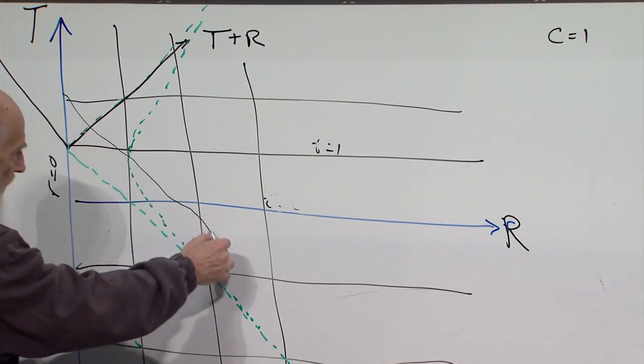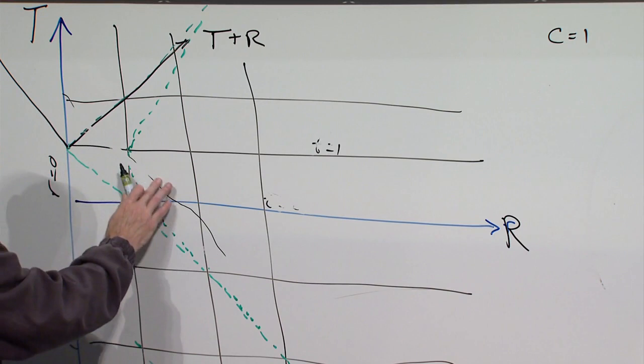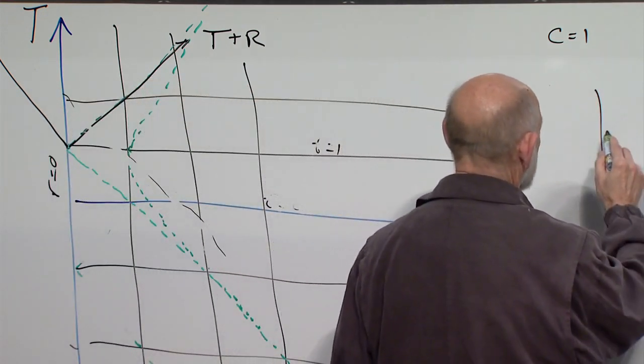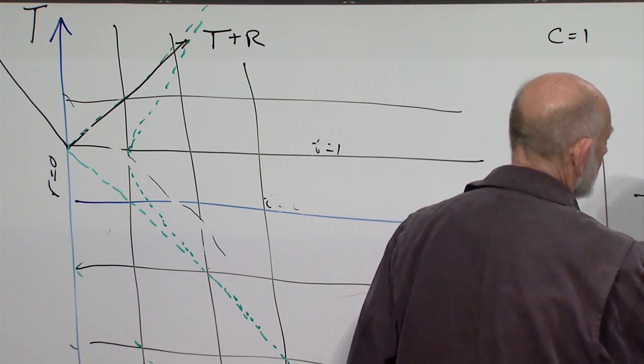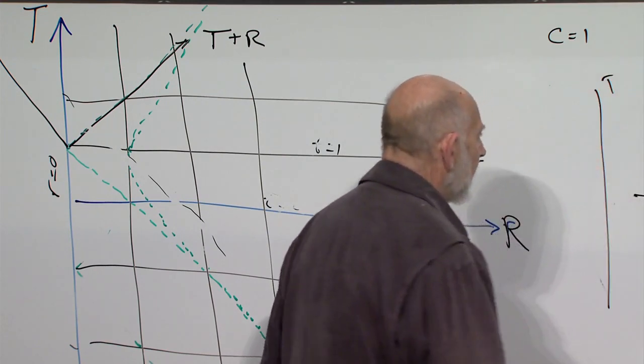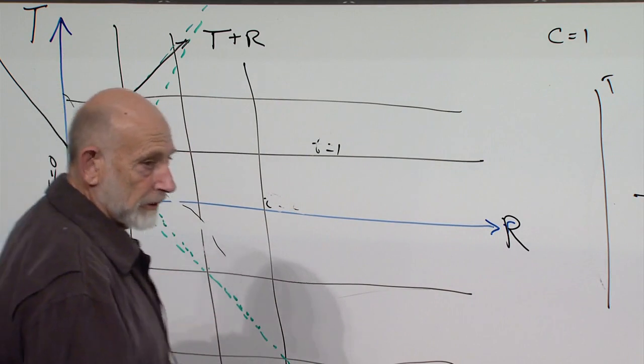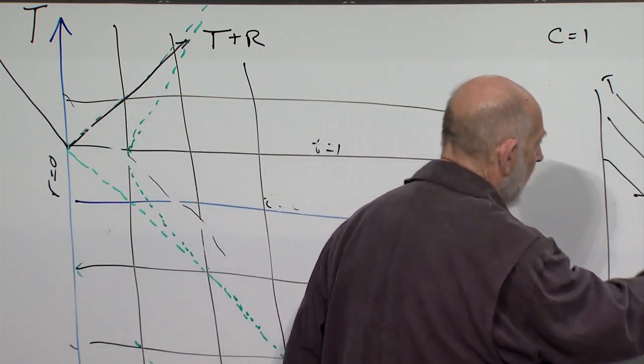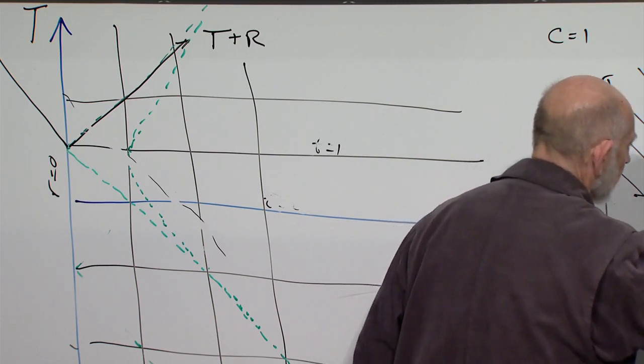Let's draw another picture over here. R, T, constant t plus r will look like this. These will be the lines of constant t plus r.